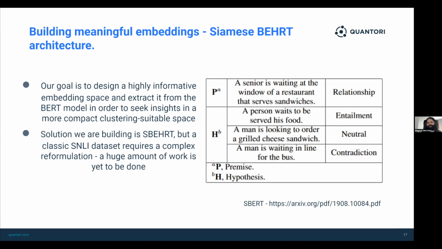In their case it's very simple. You have a sentence, and there is another sentence that might contradict it. So if someone is doing something but at the same time is doing something else, then it's a contradiction. But if it's entailment, then these events are close together, they are meaningful to be done together, and that's fine. Or it's neutral, meaning there is nothing related to the question.